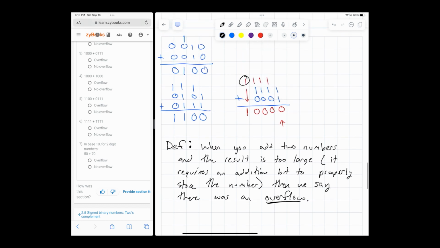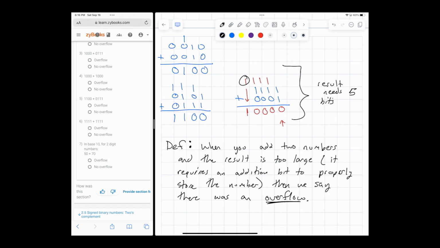And so when there's an overflow, your answer is going to be wrong. Like, for example, if you were looking at this last number here that we added, right? So this was an overflow. The result requires 5 bits to store. So the result needs 5 bits.